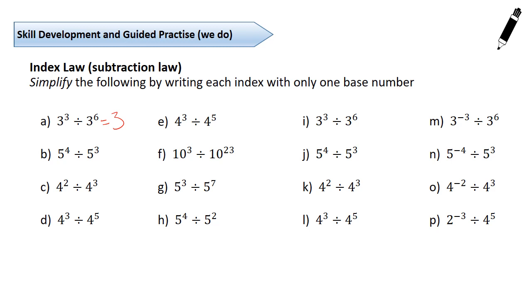Bases are the same, 3 to the power of 3. I'm going to subtract that power there. So 3 take 6, I get negative 3. I just get 5.